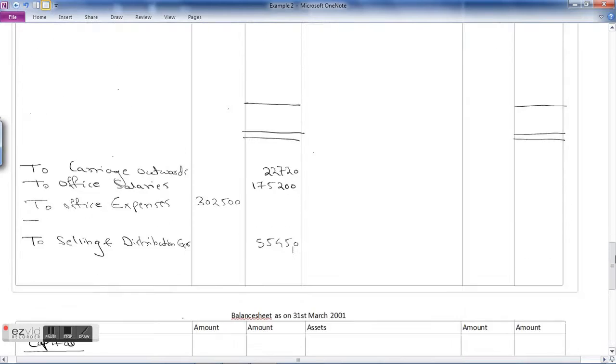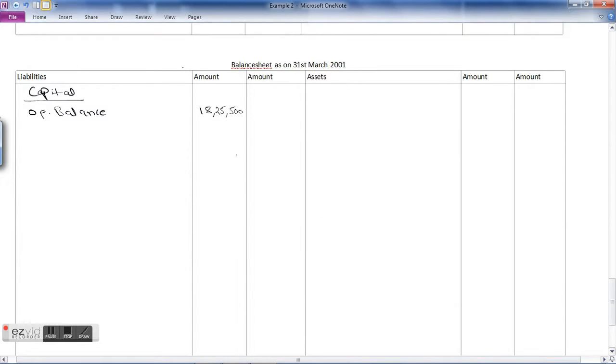Balance sheet asset side. So land and building 10,55,450. And we'll leave some space here for adjustment.